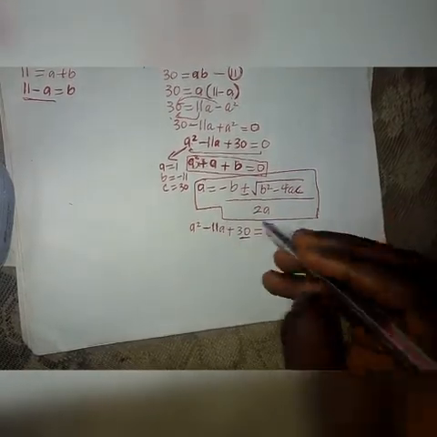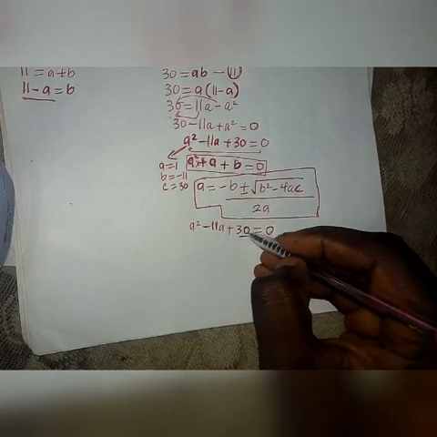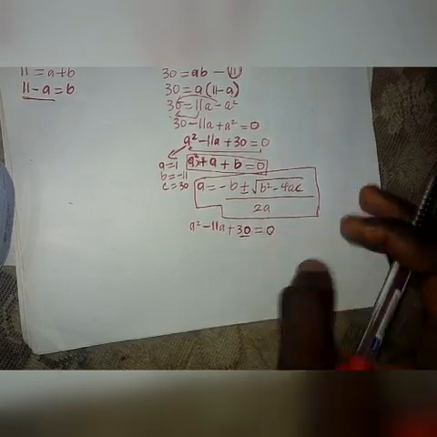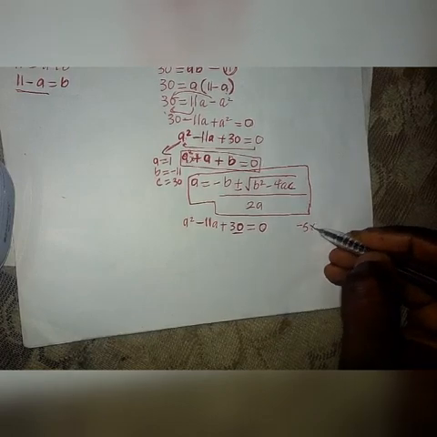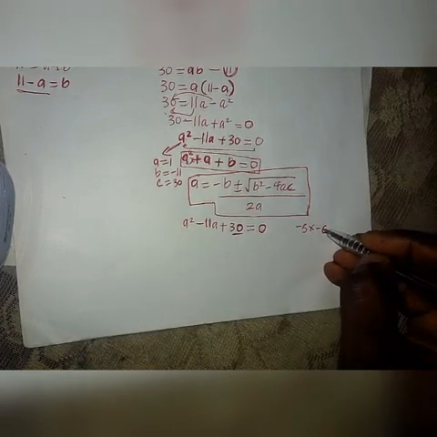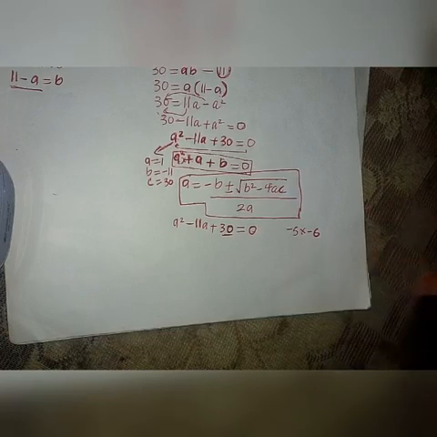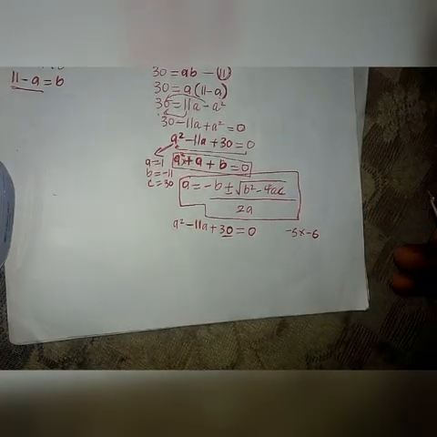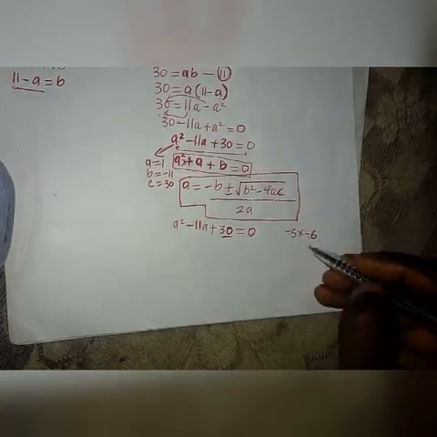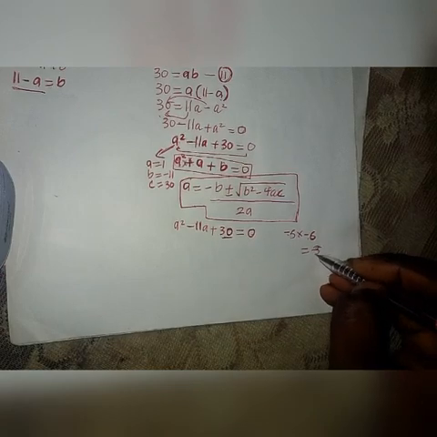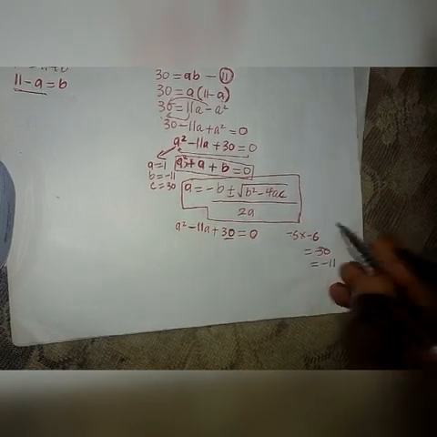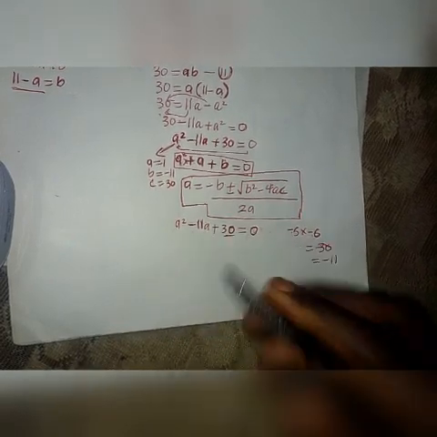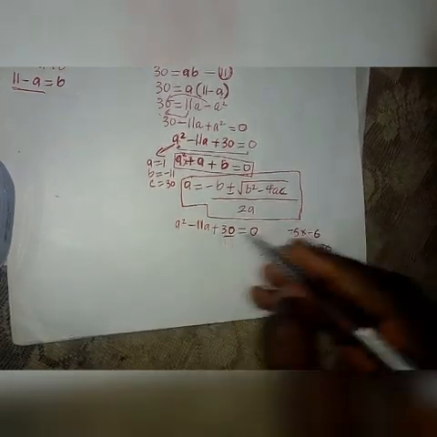What are the numbers? I think it is minus 5 times minus 6. That is the only multiple of 30 that can give you minus 11. Minus 5 times minus 6, that's 30. And minus 5 minus 6, that's minus 11.